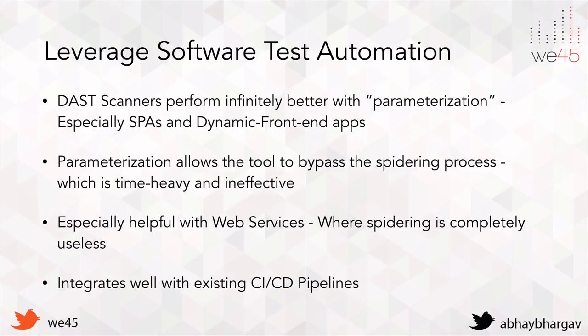However, you have a huge advantage in one way that you're not even looking at, which is your QA teams. Now, QA teams create something we call software test automation. They use Selenium or they use Tavern or whatever it is. They use different types of frameworks to write software test automation to find functional bugs or to test against functionality errors.